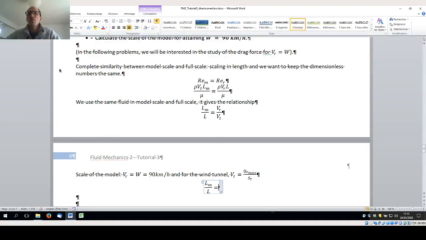So the velocity in the testing area is something like 100 meters per second, if I'm not mistaken. 90 kilometers per hour is something like 25 meters per second.